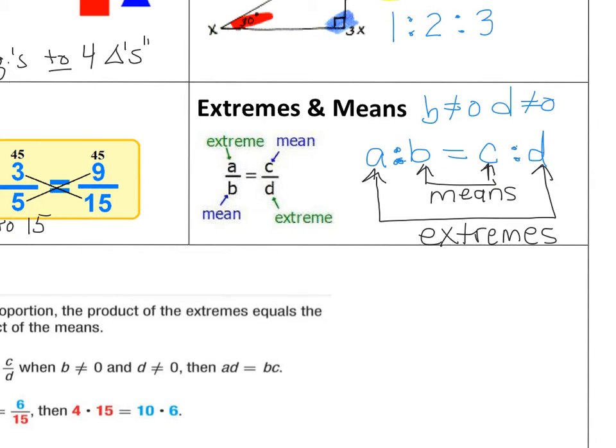You have prior knowledge of finding the mean of a set of numbers, a data set. The mean is the same thing as the average. Well, in this chapter, we're going to be talking about a new type of mean called the geometric mean. And it's in that context that these means in the proportion are going to come into play. So I'm going to put that in the parking lot for this section, but I just wanted to plant the seed that we are going to be using this concept of means in proportion shortly.